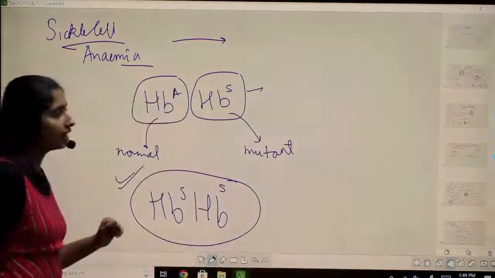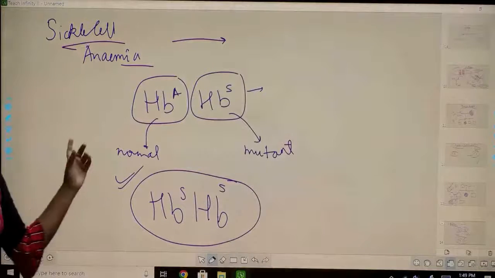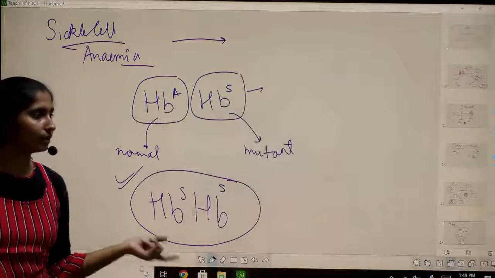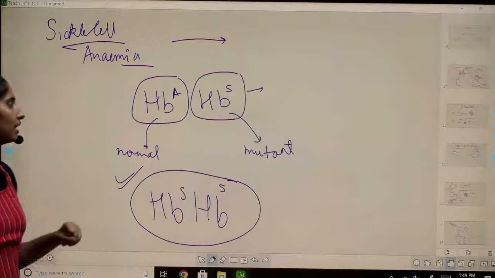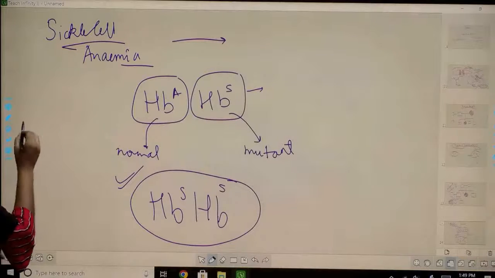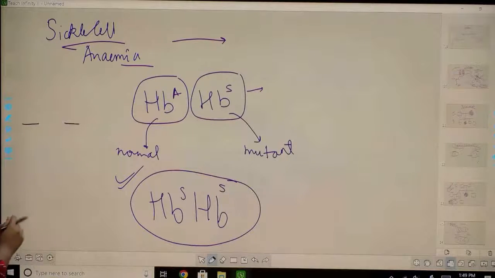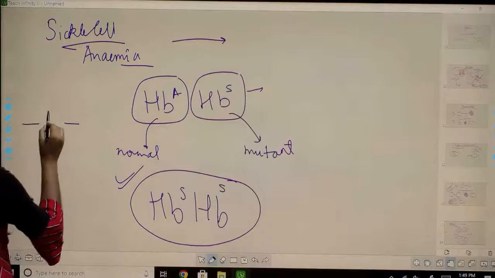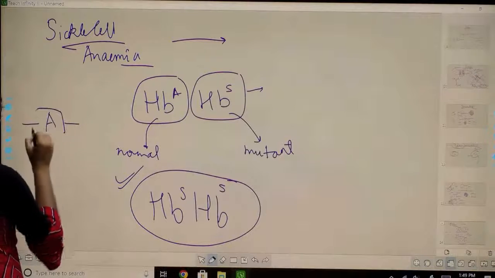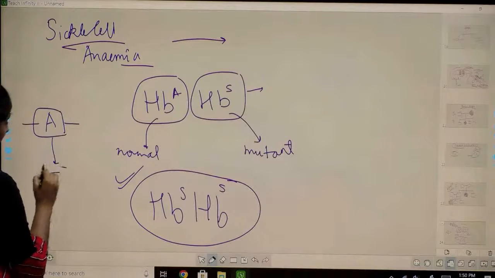And when we analyze and compare the gene sequence of a normal allele and a mutant allele, what we observe is a change or a mutation in the gene itself. So in the gene, there is one single base pair substitution that has taken place. A single base, adenine, was changed to thymine.